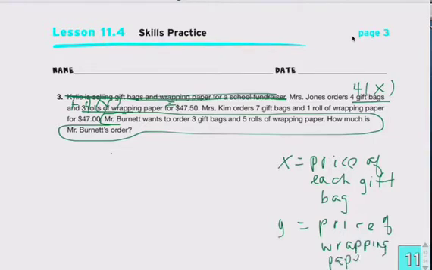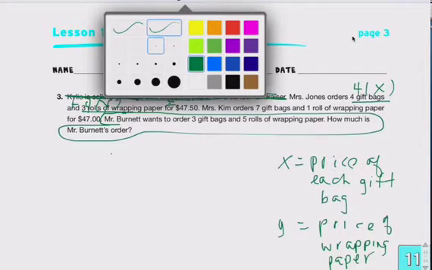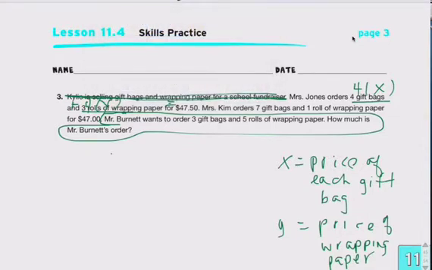Okay? So you get 4x plus 3y equals, so the number of gift bags multiplied by the price, added all together, needs to be $47.50.